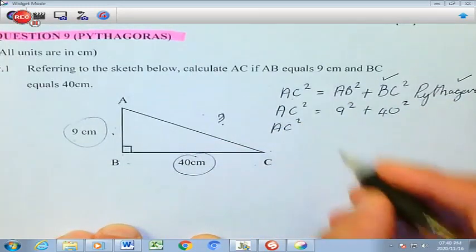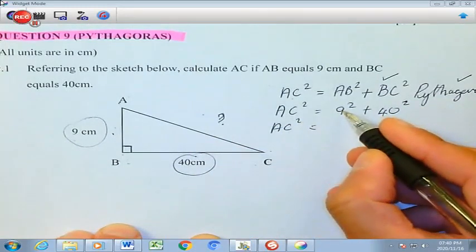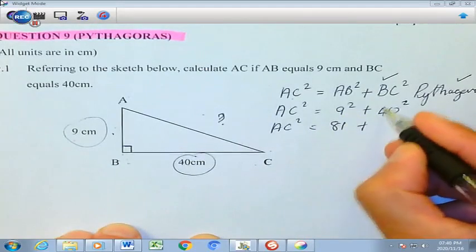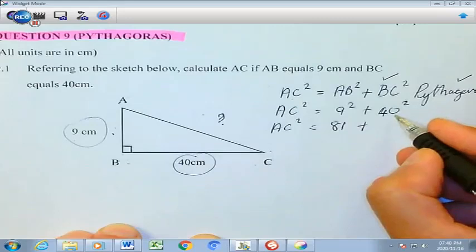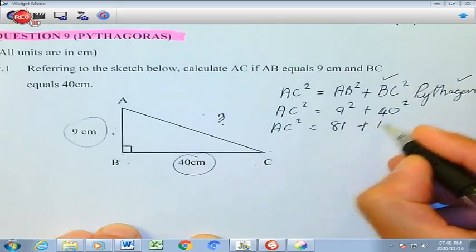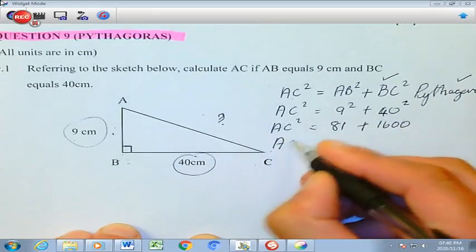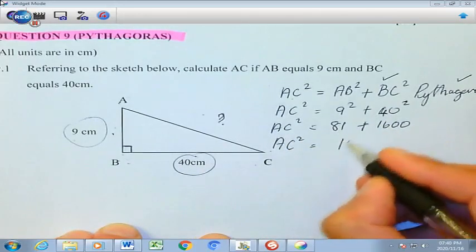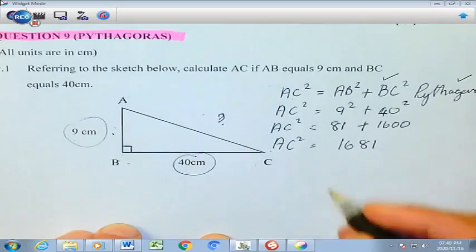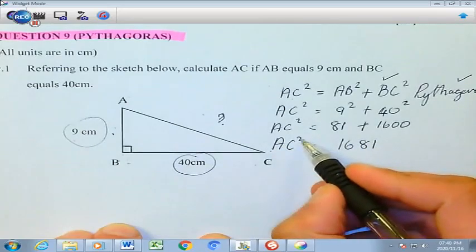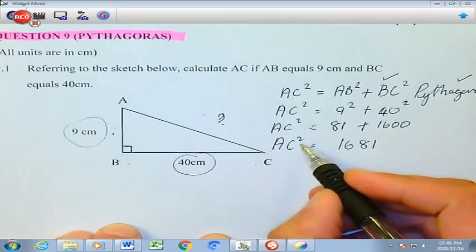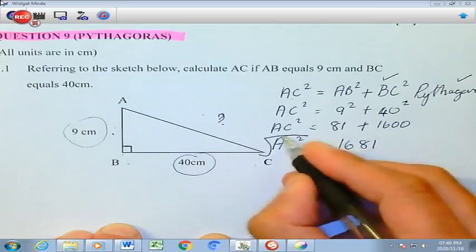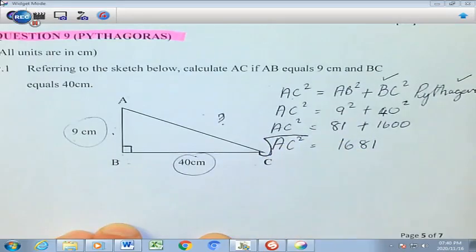AC squared equals 9 squared, which means 9 times 9, that is 81, plus 40 squared, which means 40 times 40, which gives us 1,600. We simplify that by saying 81 plus 1,600 is 1,681. We need to remove this square here at the top, and the only way you can remove that is to cancel it out with the opposite, which is the square root sign here.